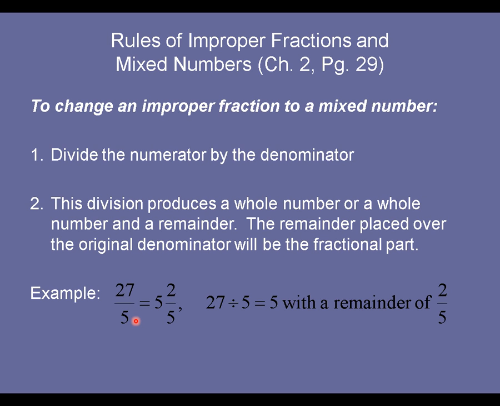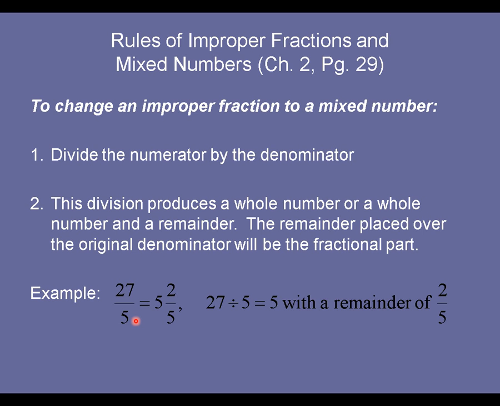So after you are done with this, the quotient comes as a whole number, and then the remainder comes as a numerator. The denominator still remains the same. In the original number, the denominator is 5, right? Which was this.